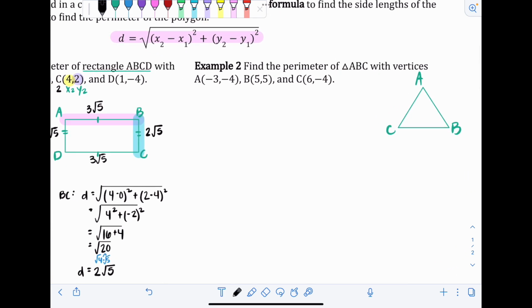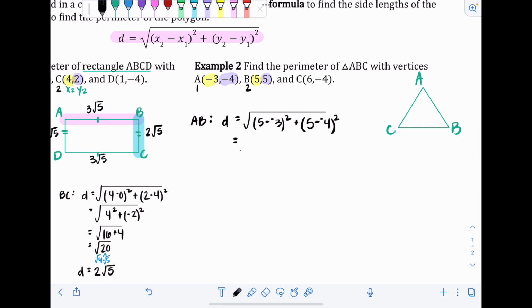If we wanted to find the distance of side length AB, I'm going to make this my point 1 and this my point 2, and then for my distance formula, it'll be D equals the square root of x2 minus x1, so it'll be 5 minus negative 3, and then plus y2 minus y1, so 5 minus negative 4, close it out, and then square it.